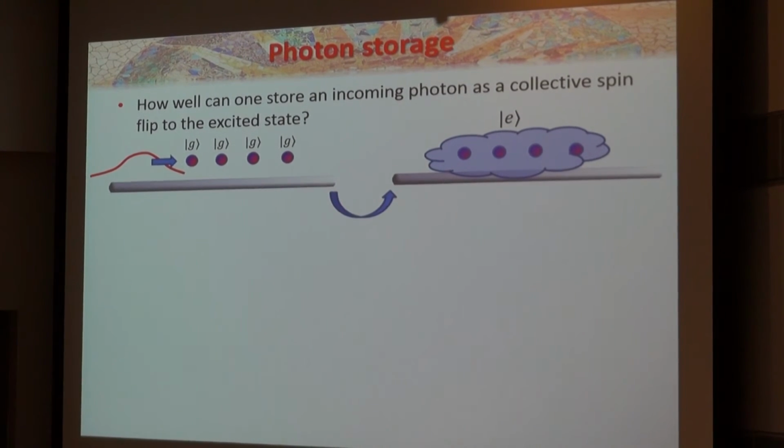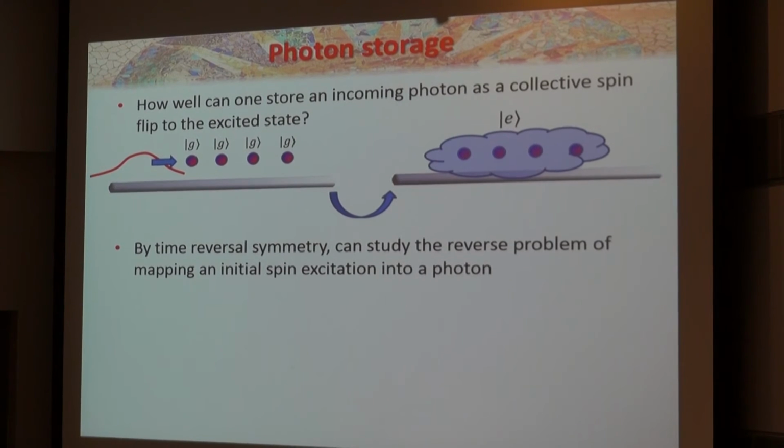So let's talk about one specific example, which is that of photon storage. Okay? So imagine I come in with a guided photon and a bunch of atoms which are initially in the ground state. And I want to ask, what's the probability or fidelity with which I can absorb that photon and create some kind of collective superposition of an atom being in the excited state. Okay. So that's the photon storage problem or quantum memory problem.